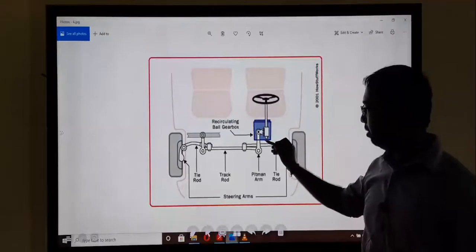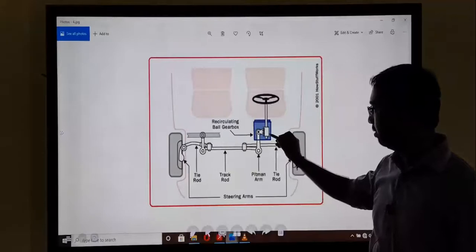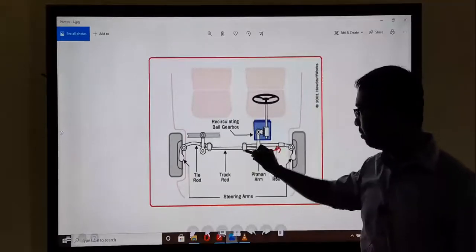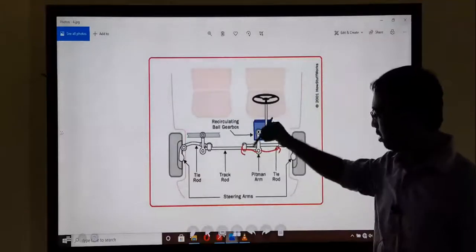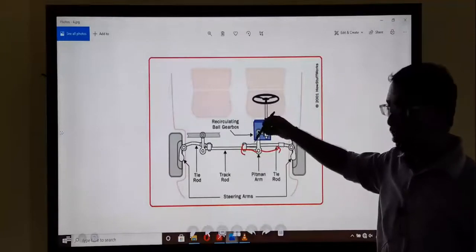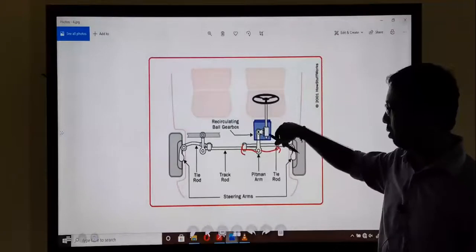This pitman arm moves. These linkages move this way or that way according to the pitman arm. It moves in these two ways.